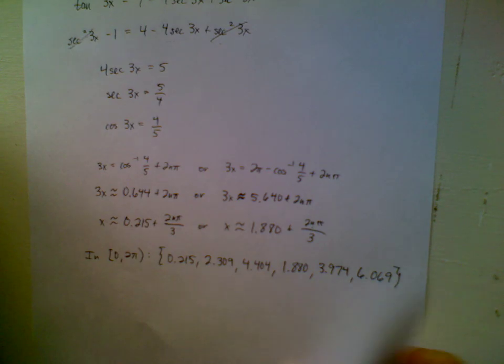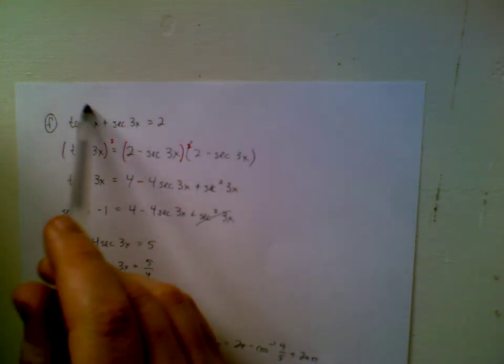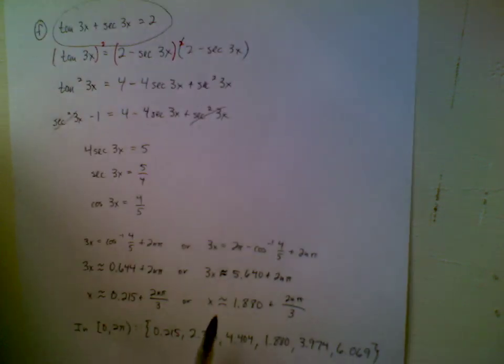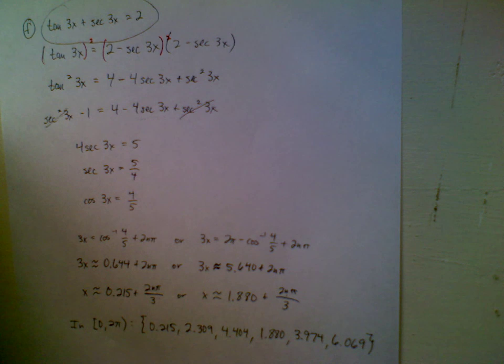I have to plug these back into my original equation, right? To this original equation up here, to see which ones work and which ones don't. I'm just going to use my calculator for this, okay? So let's see. I'm going to do tangent of 3 times 0.215 plus secant, right?